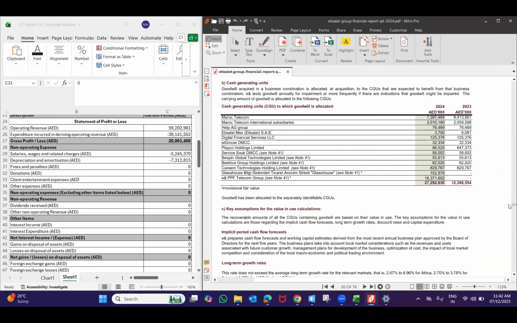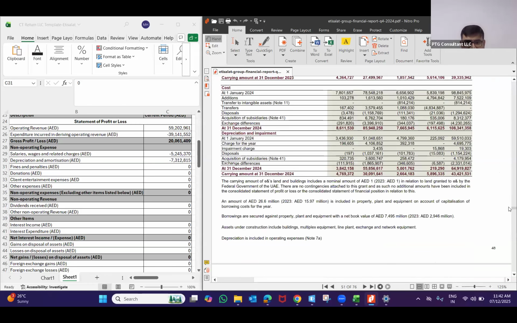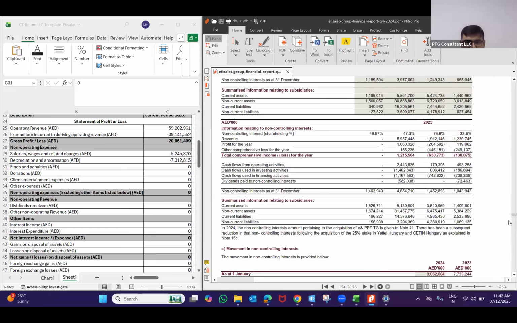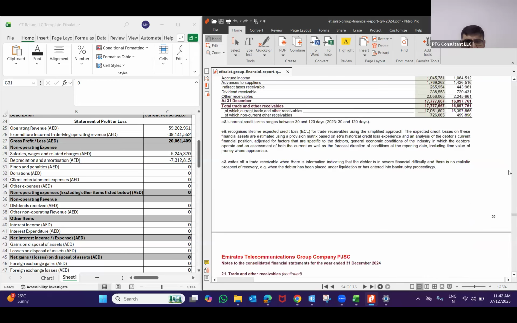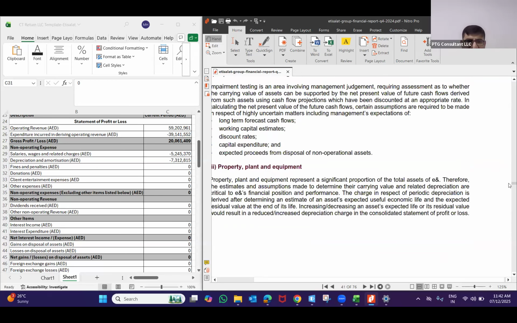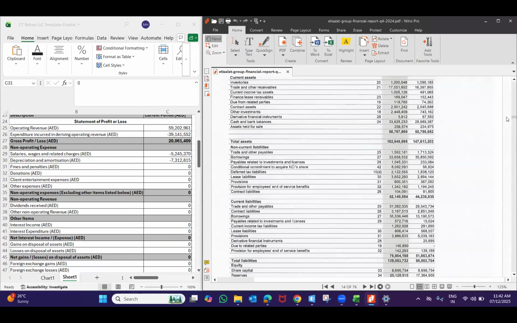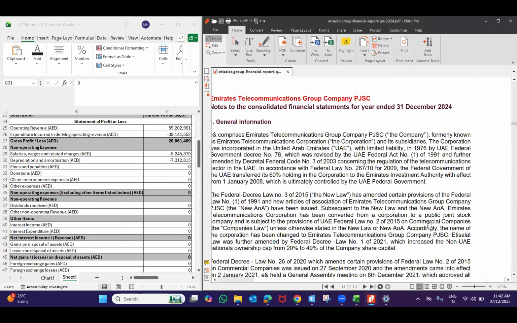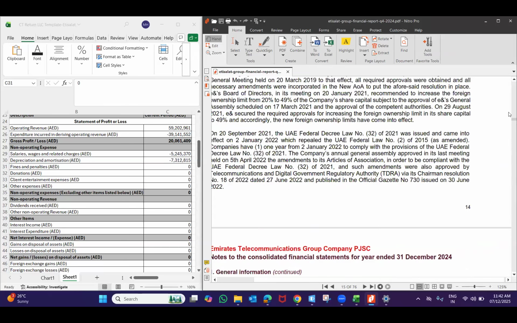So we have to match our figure. We have to go back to the P&L to see from where we took these figures. I think we took it from the profit and loss.